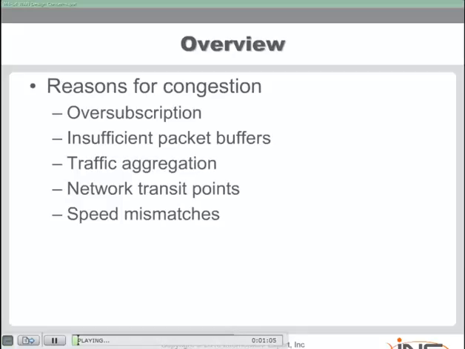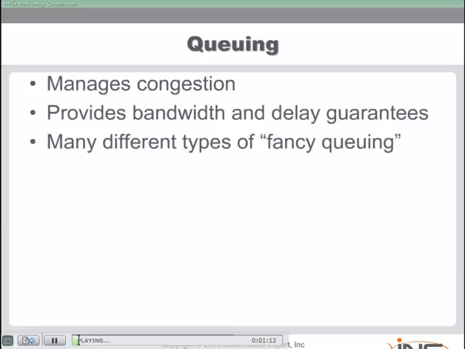By the way, congestion happens for a lot of different reasons in networks today, doesn't it? One of the ways that we know we're going to have congestion in the wide area network is due to speed mismatches, as I'll tell you in a moment.